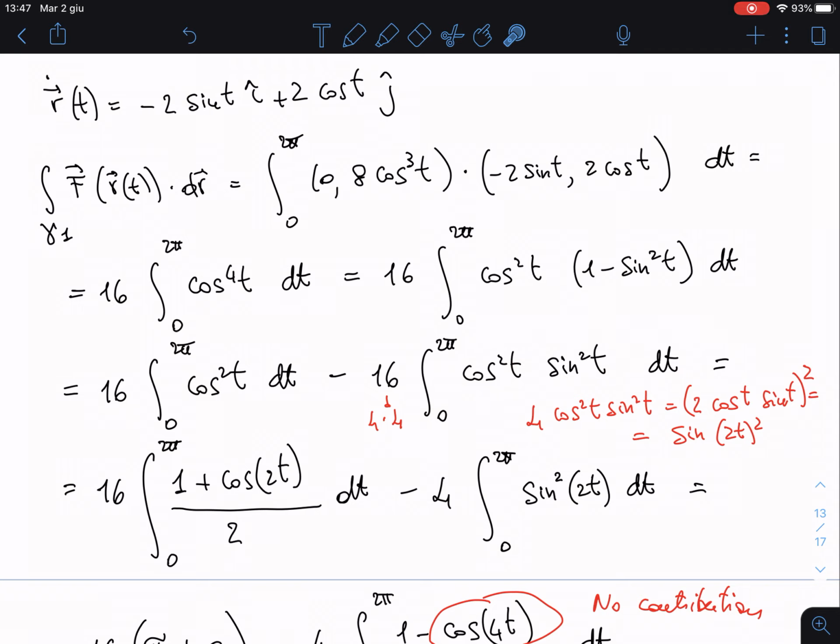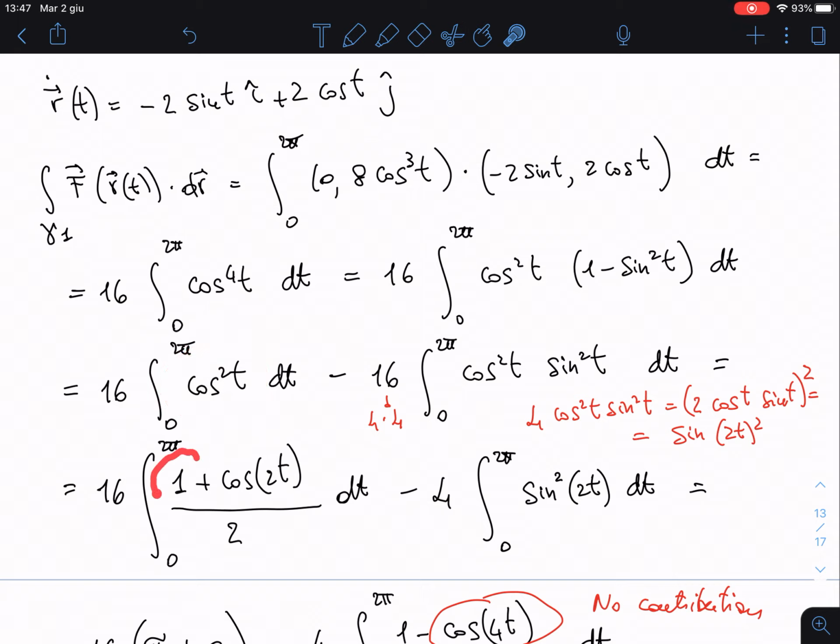So I go here with 16, and here I use a formula of duplication of angles. It's a typical trigonometric formula. You can prove it in many ways, or you can know it by heart, as I do, but it is very natural and very easy to use when you have to compute integrals of cosine squared.